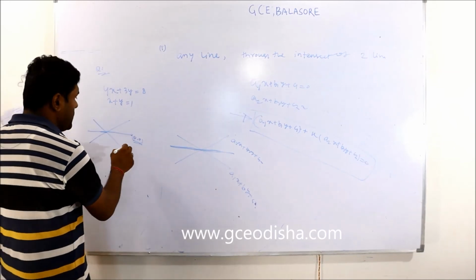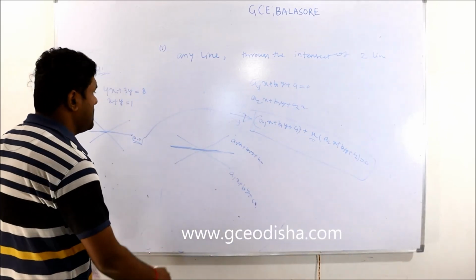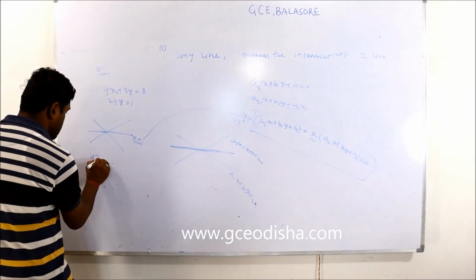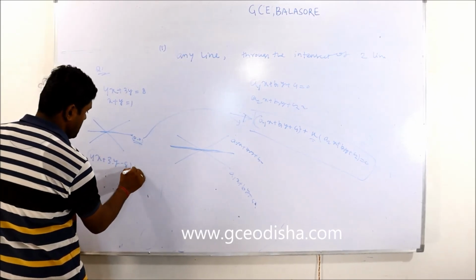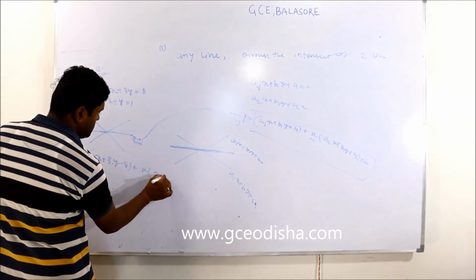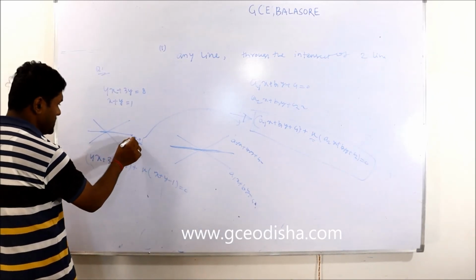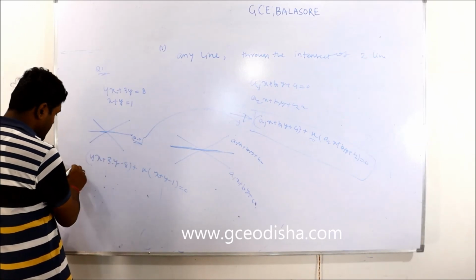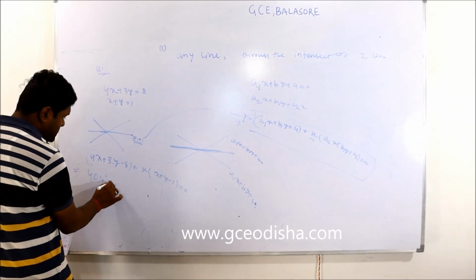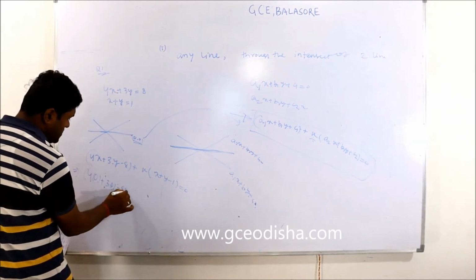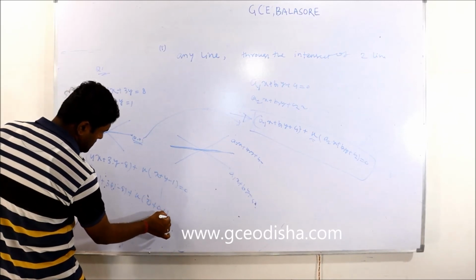That means that when you put 0, 0 in this equation, you can find the value of k. Okay, the question is: 4x plus 3y minus 8 plus k into x plus y minus 1 is equal to 0. As the line also passes through the origin, when you put x as 0 and y as 0 in this equation, we can find the value of k, right?